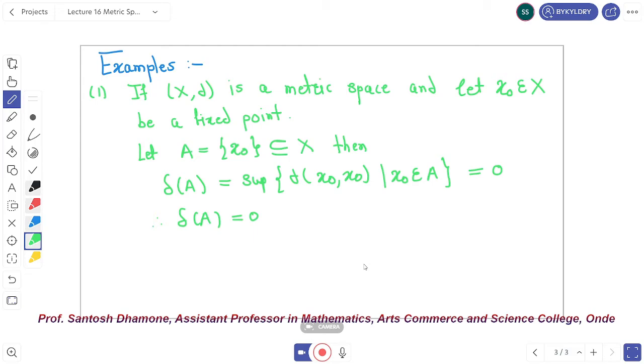Here d(x,y) is the modulus of x minus y, such that x and y belong to the closed interval [a, b]. Note that a is less than or equal to x, which is less than or equal to b. x is in between a and b for all x belonging to the closed interval [a, b].